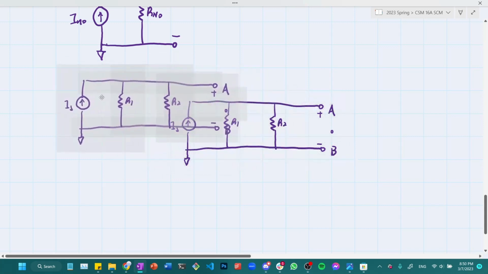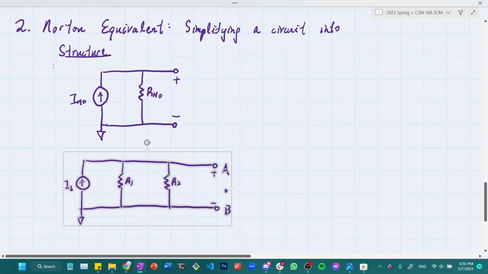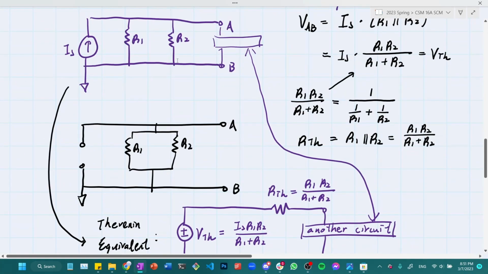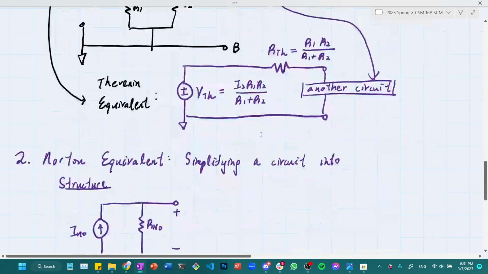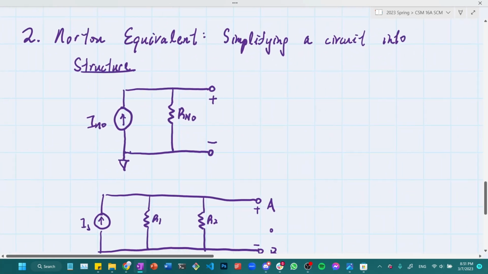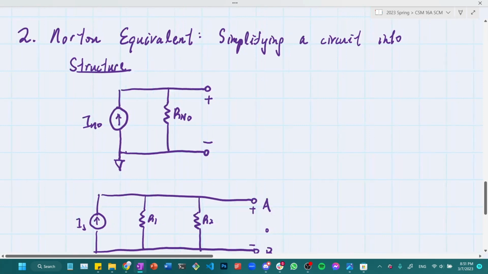So once again, I'm going to try to find a simple version like the Norton equivalent that has the exact same IV relationship with this, so that I can simplify some computations later when I'm analyzing complicated circuits like this one above, where it's this original circuit composed with another circuit. So once again, there's an algorithm for finding Thevenin equivalent. Similarly, there's also an algorithm for finding a Norton equivalent.